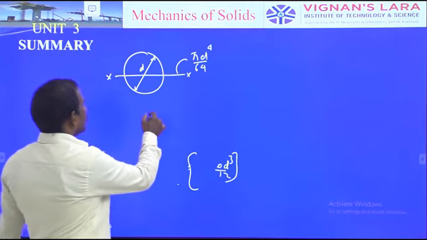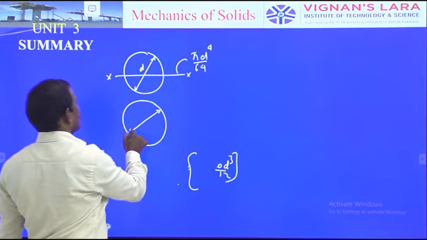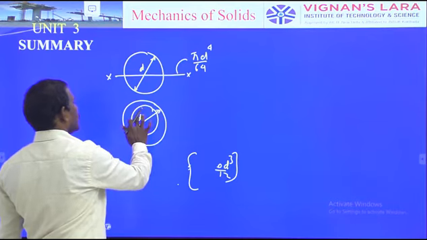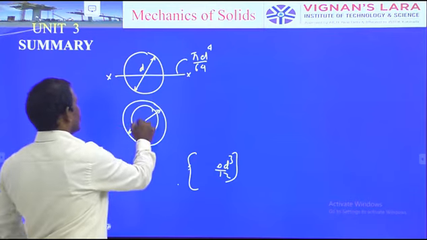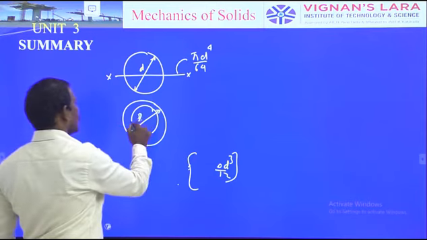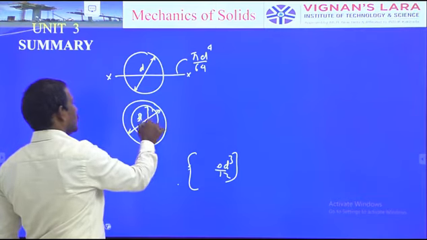Then, coming to the hollow section, this is the diameter of the one circle, capital D, and this is the small d.